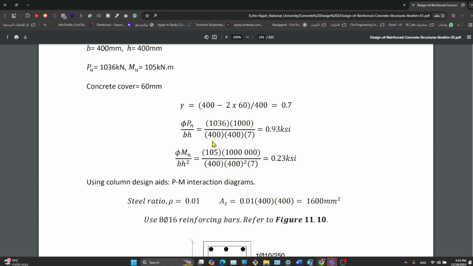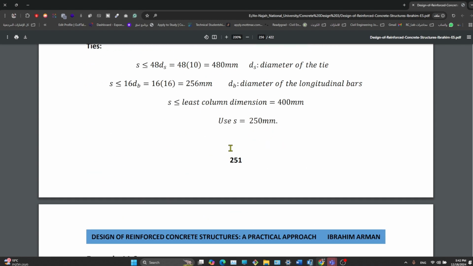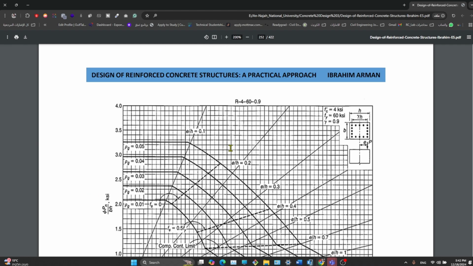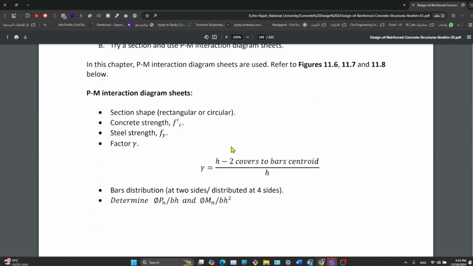If this point is under the curve, this means the section can resist the buckling under this moment and this P ultimate. Is that clear? Yeah. Okay, perfect.